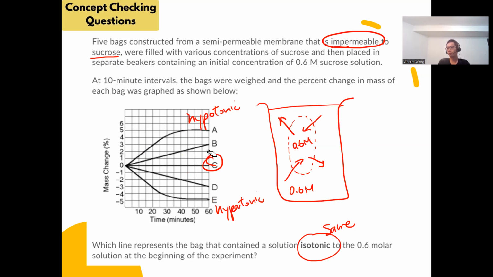Now you might wonder, why is it not B? How come B is not hypotonic? Well, in reality, the water will come in, but then the bag is not going to keep on getting bigger and bigger and bigger. Eventually the bag will not be able to hold any more water, and afterwards it would just plateau. It would not change anymore. Same thing, water will leave, but after a while, when it's the same, it will no longer continue to leave.